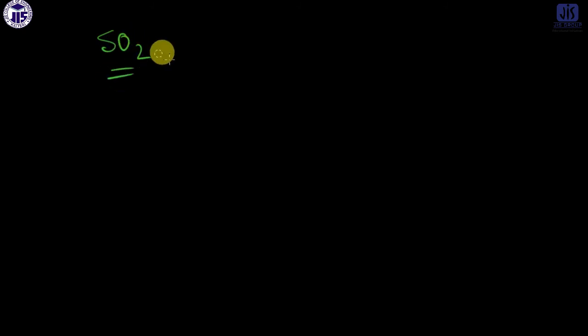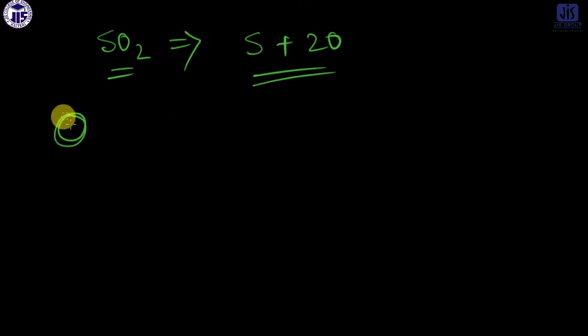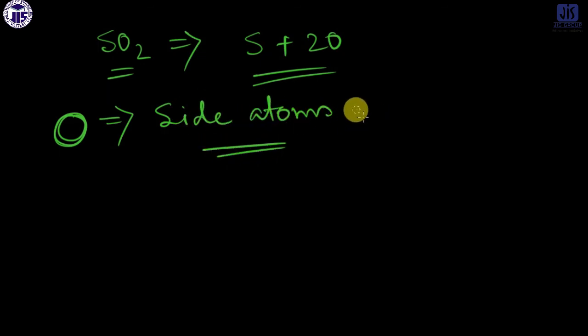For SO2, look here, sulfur plus 2 oxygen. But with oxygen there is an important case. When oxygen acts as a side atom, it forms 2 bonds. Why 2 bonds? I will explain.